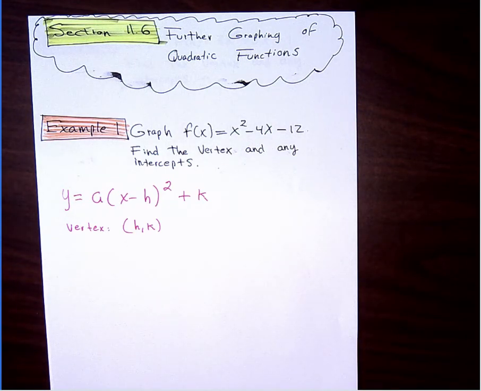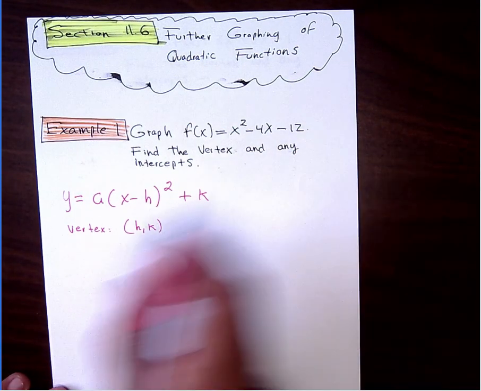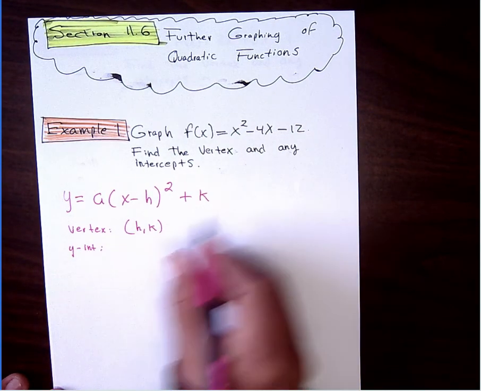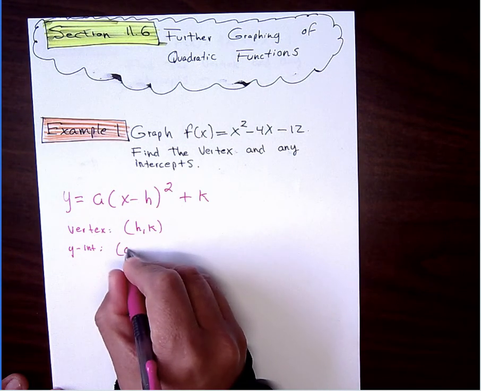Let me double check the other one. Okay, so I know the y-intercept would be negative 12, so (0, -12).